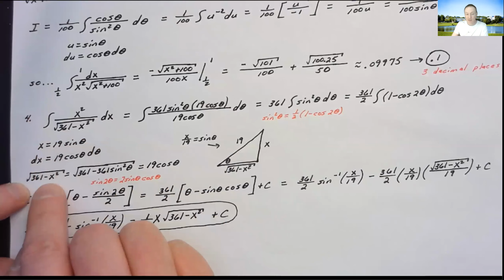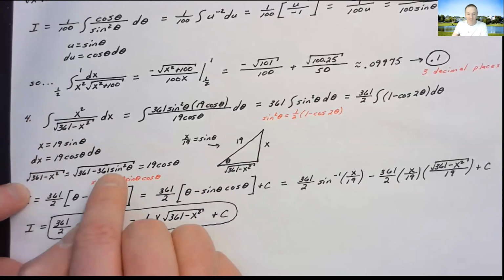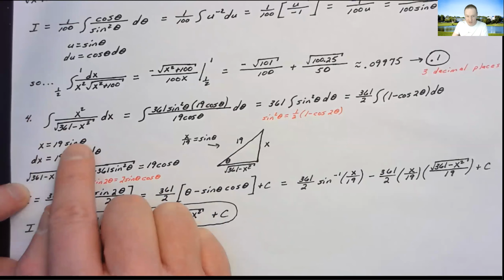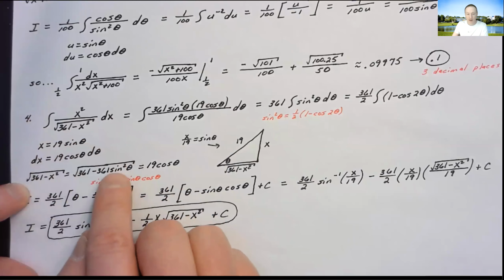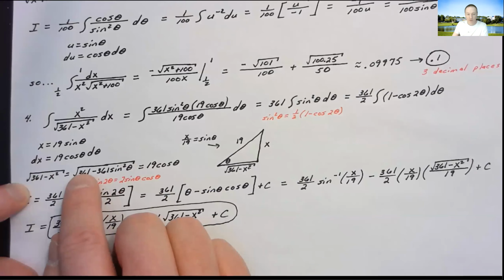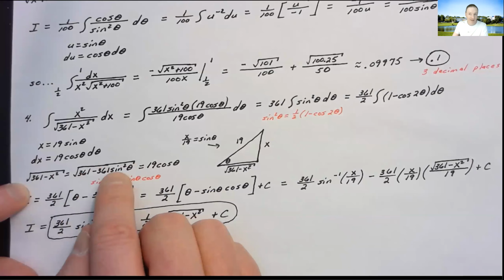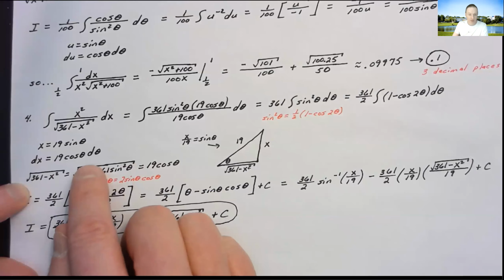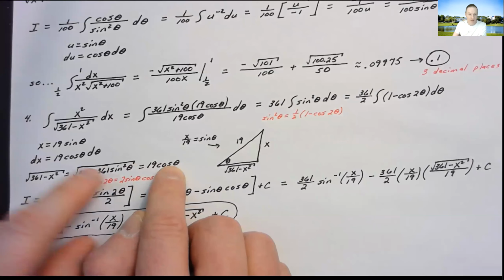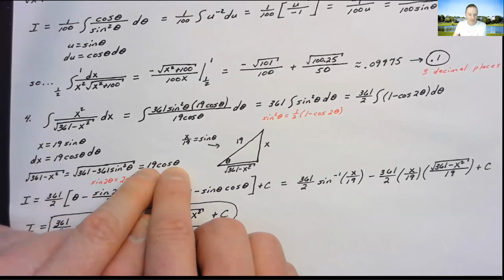The square root of 361 minus x squared is the square root of 361 minus 361 sine squared theta. Inside of here, this is equal to 361 times 1 minus sine squared. 1 minus sine squared is cosine squared. The square root of cosine squared is cosine. The square root of 361 is 19. Now all of that would simplify to just be 19 cosine of theta.